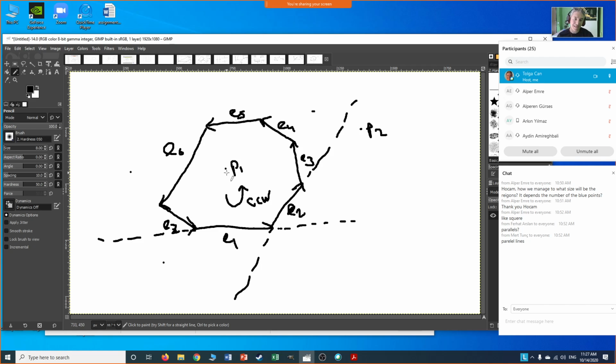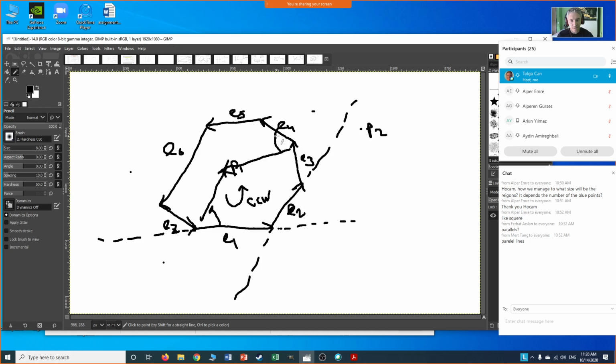In order for P1 to be inside, it has to be on the left of all of these edges. So I will make this cross product, where E1 is V2 minus V1, and then I will make the other cross product, with P1 minus V1, P1 minus V2, P1 minus V3. For every one of those, look at this vector here. This is P1.